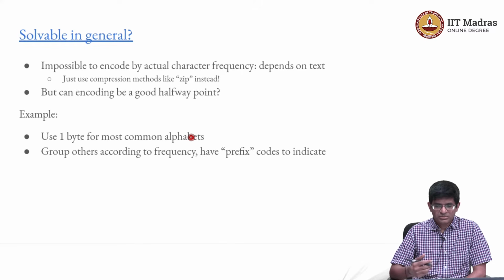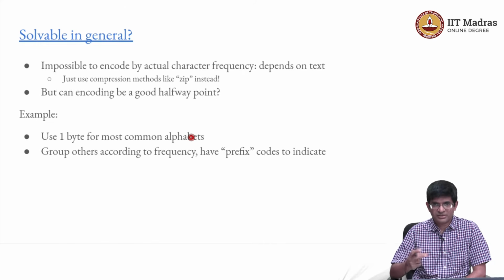And the fact of the matter is what I just mentioned, right? Trying to find out the frequencies of occurrence of different strings or different subsets of bits and encoding them more efficiently is ultimately what any compression program like zip does, okay?